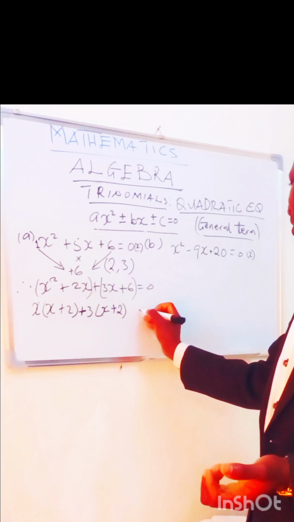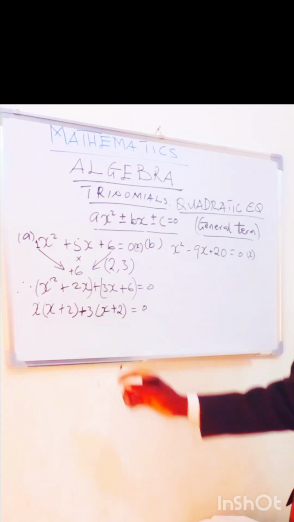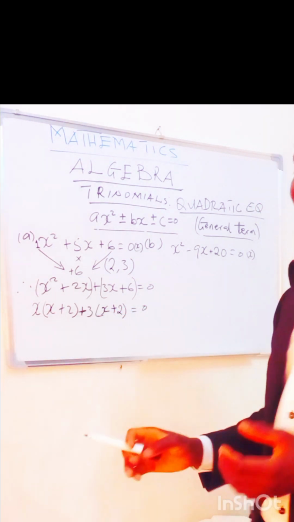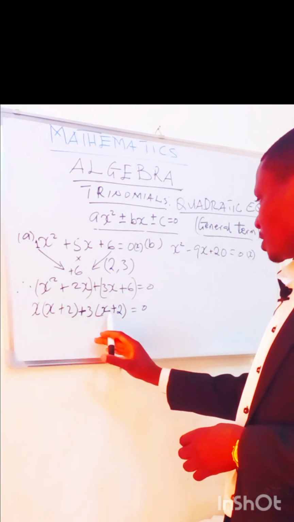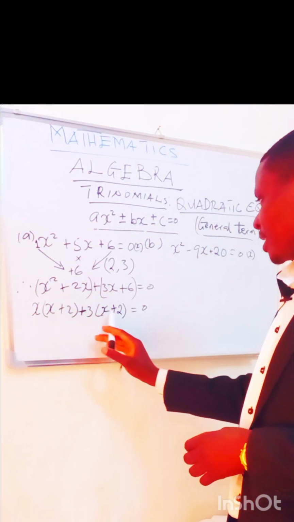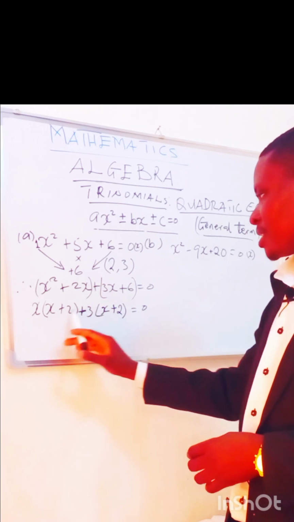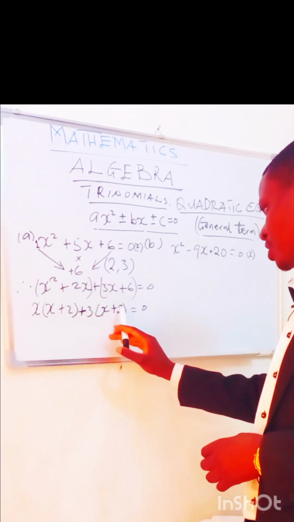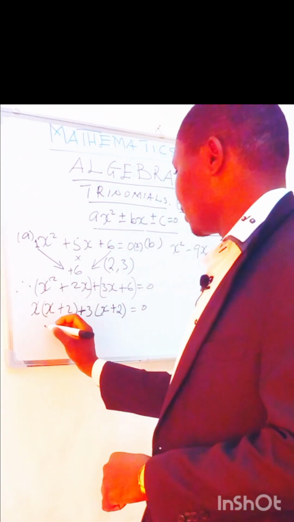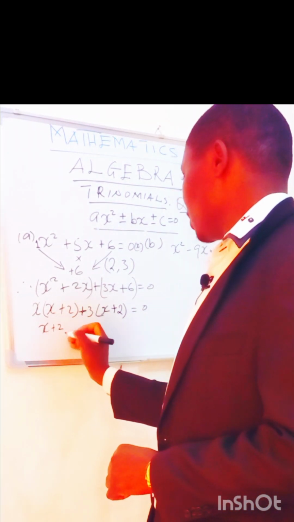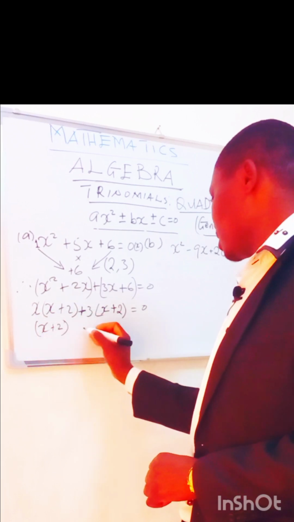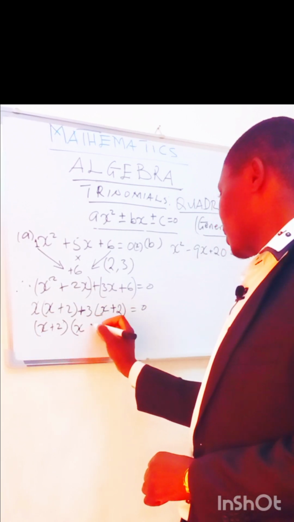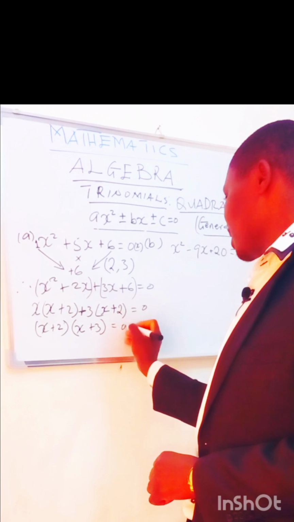Equals to 0. We know for sure that we are on the right track if in both of those brackets we got the same factor, x plus 2, x plus 2. So we take one x plus 2, and in another bracket we take the first x plus 3 equals to 0.